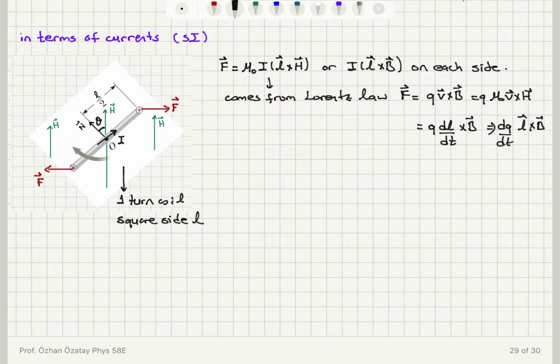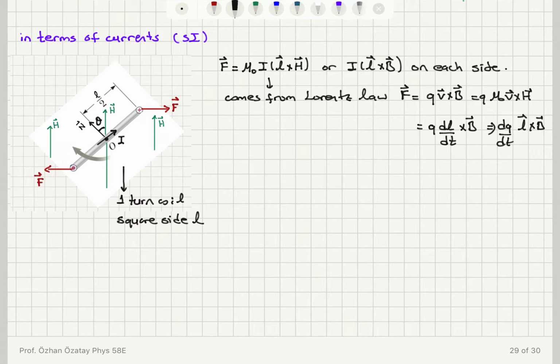So on one side the force is to the left, on the other side the force is to the right. So you can see that the force couple is trying to rotate the coil until its normal becomes parallel to the magnetic field.